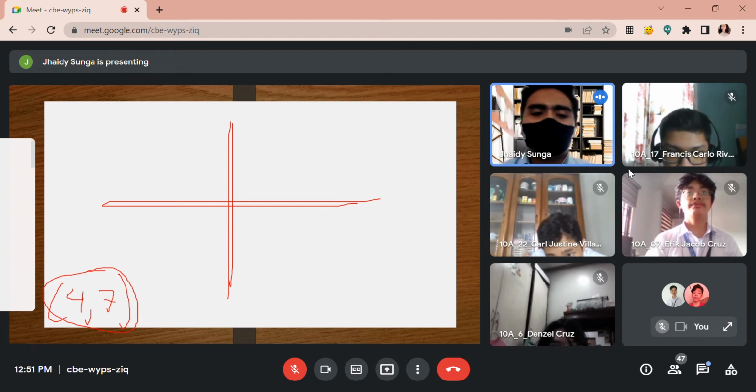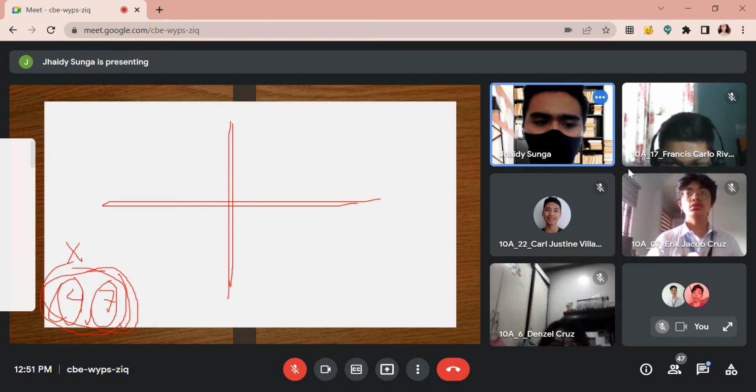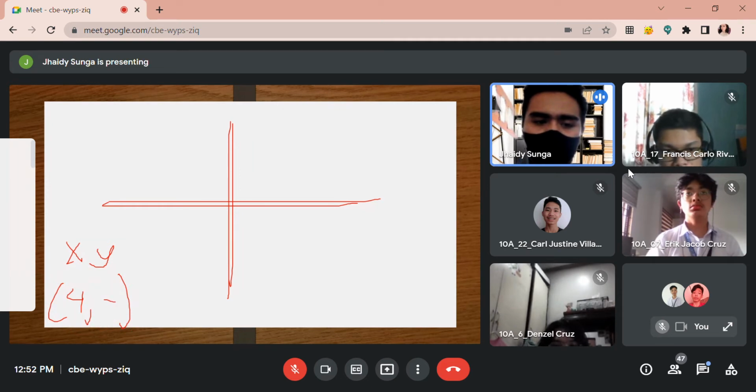So in telling how to plot points, first is to identify which quadrant the coordinates would fall in. In order to know the quadrant, we determine the placement of each given. As we know, if we have these coordinates, there are two, which are x and y. So having proper placement is really important in plotting points.